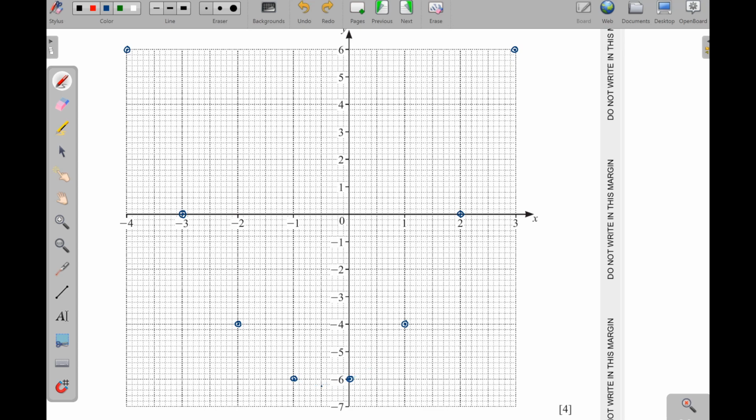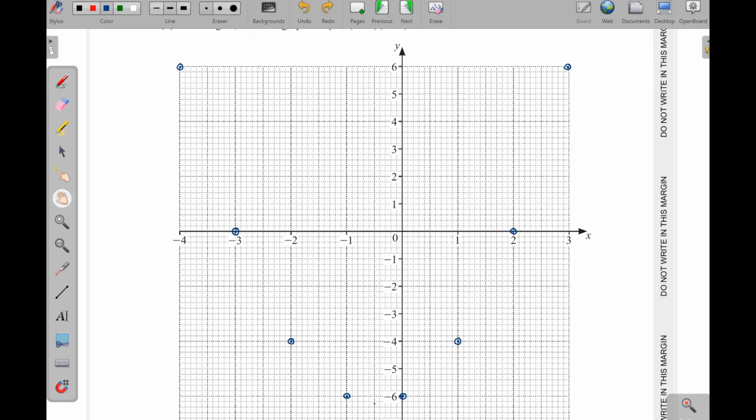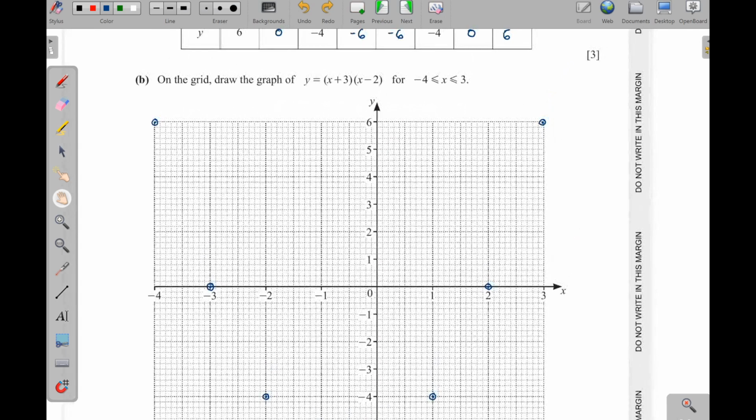But you don't draw this. Okay, now you join using your free hand. Okay, this one produced is a U-shaped curve. It is a U-shaped curve because when you open the brackets here, you're going to get x squared, 3 plus negative 2, you get a positive 1. So x, and then 3 times negative 2, that's a negative 6.